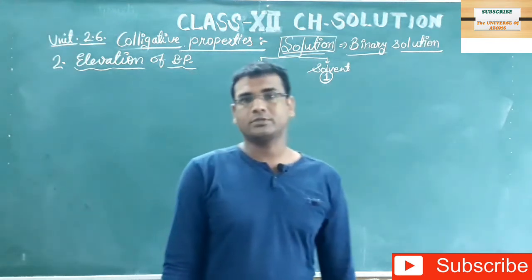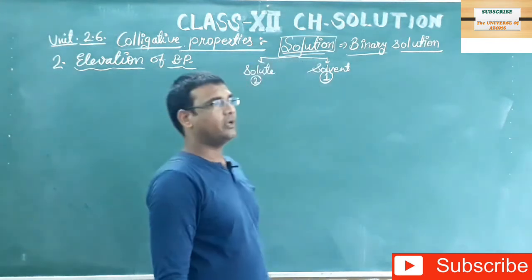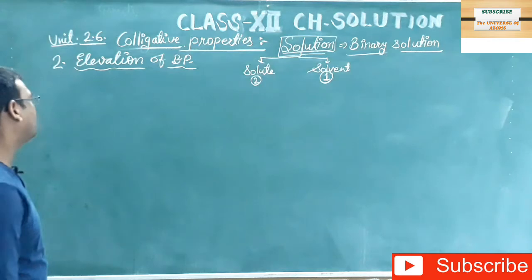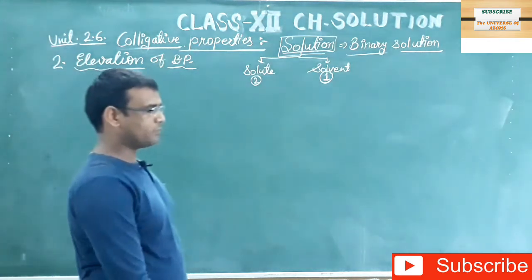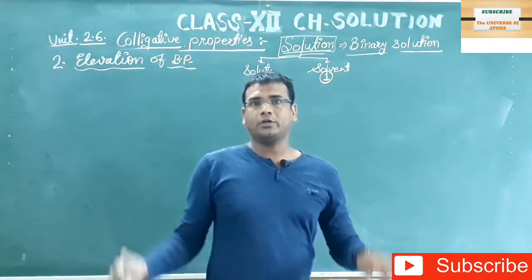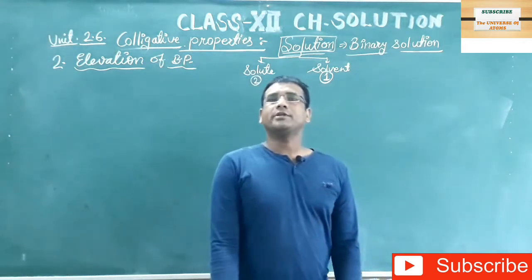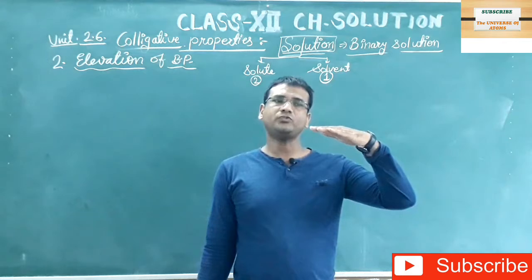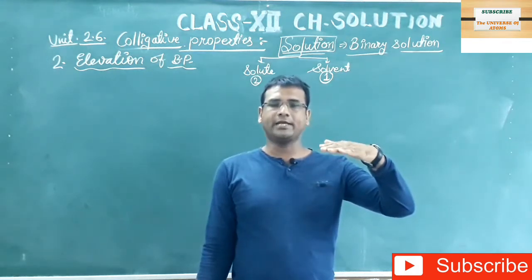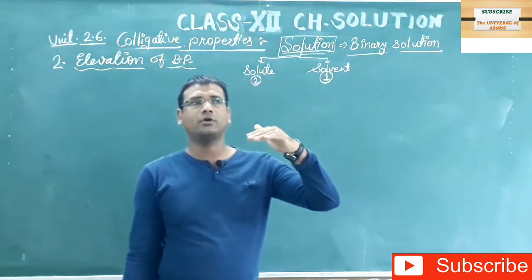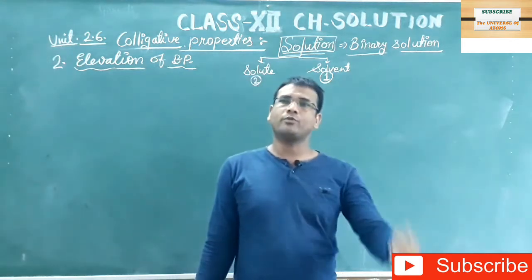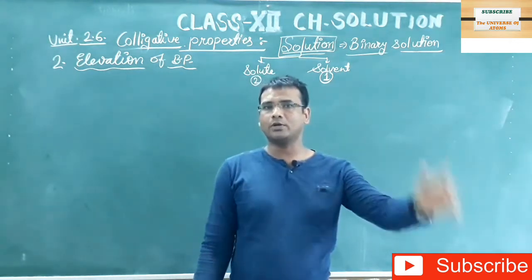Now the time has come to know the advanced definition of boiling point. According to this standard, what is the boiling point? Vapor pressure: what is vapor pressure? A liquid is there, and the process of evaporation is always taking place at all temperatures.